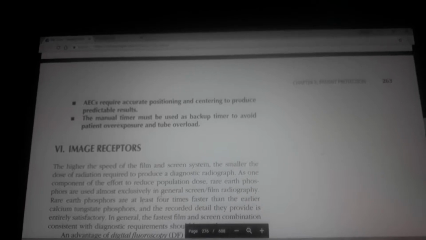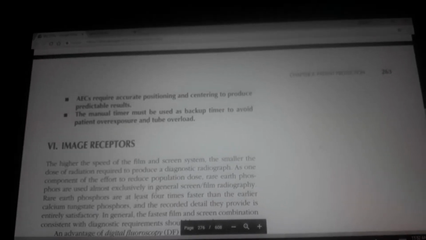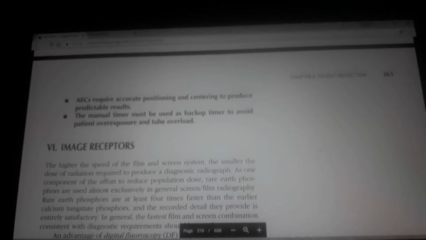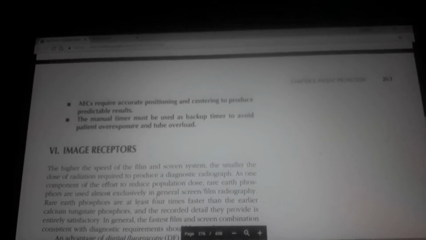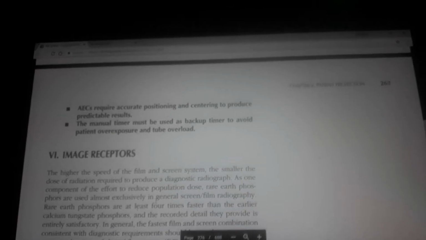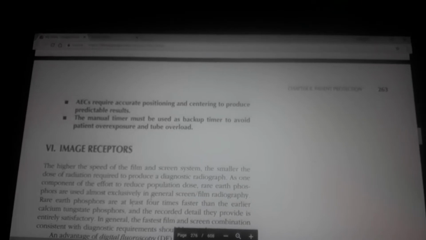AEC requires accurate positioning and centering to produce predictable results. The manual timer must be used as a backup timer to avoid patient overexposure and tube overload.